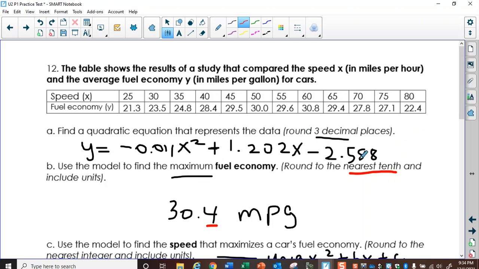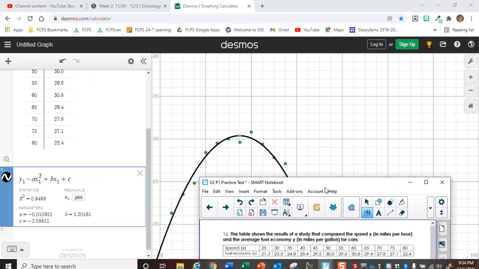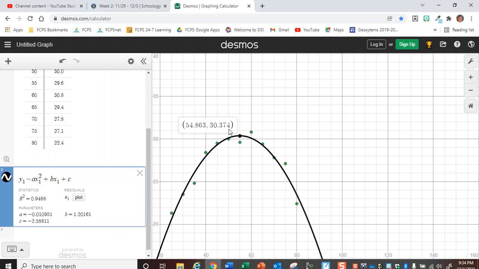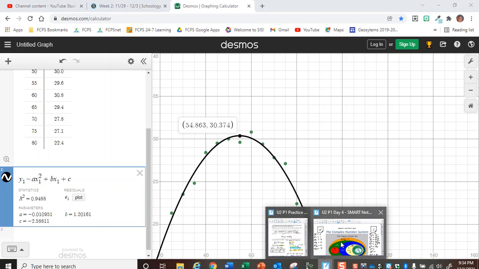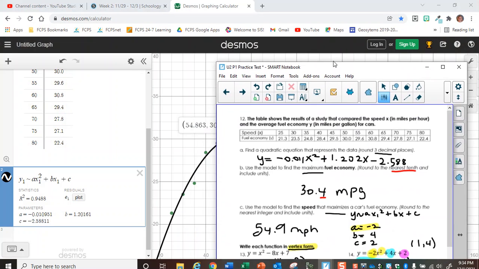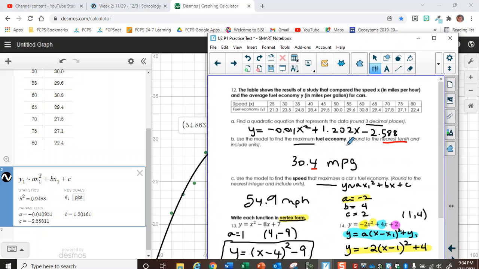All right, so if I'm looking at my graph here, the Y is my fuel economy, so that would be 30, and then it says I want to the tenths place, so I'm going to look over here at the hundredths, so that's more than 5, so that's going to go up to 4, so it'd be 30.4, and then that would be miles per gallon, because it says fuel economy, right? So there it is, miles per gallon is my fuel economy.